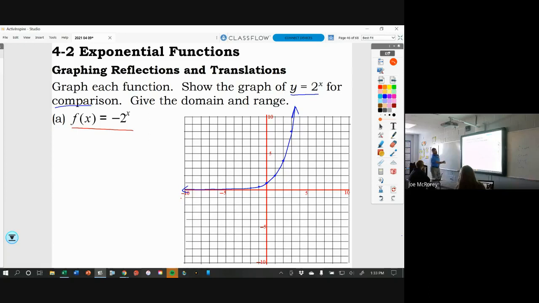So this negative sign right here is a reflection across the x-axis. Wait, so how would it get reflected over the y-axis then? What would you have to change in the original equation? It'd be a negative x. 2 to the negative x power. Okay, so all of these points are going to reflect.